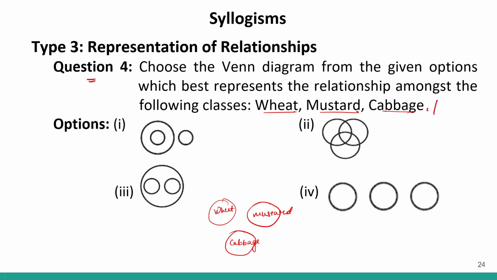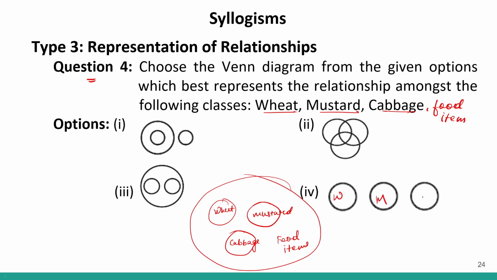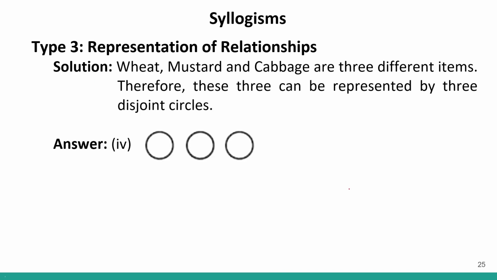Let's say if we had a 4th class called food item, then the representation would be like this, because these are all food items but different types of food items. So according to the question, we will have 3 separate figures for wheat, mustard and cabbage. So option number 4 will be the correct answer. Clear?